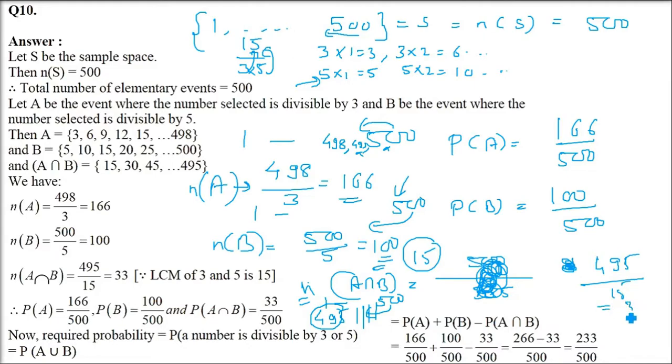So this is 495 by 15, so 33. 33 is the total number of elements which are divisible by both 3 and 5. Now what is the probability of A intersection B? We got the favorable cases, that is 33, and the total number of cases is of course 500. So now P(A), P(B) and P(A intersection B) we have found out. I'm clearing it now.